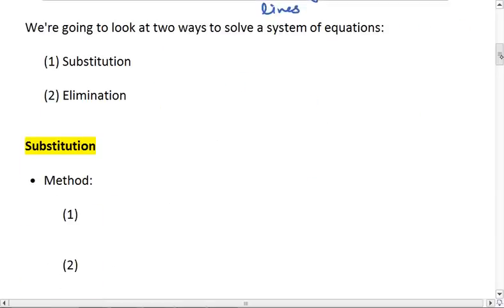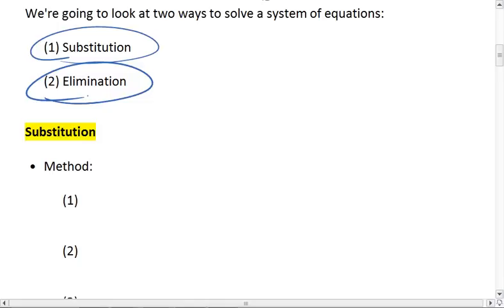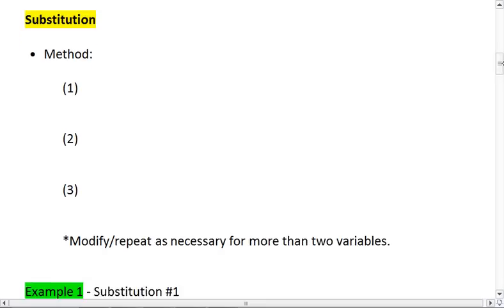To solve for these solutions, we have two methods. We can either use substitution or elimination. We'll start with substitution. In the substitution method, we can break this down into 3 steps. Our first step is to pick one equation and solve for one variable.